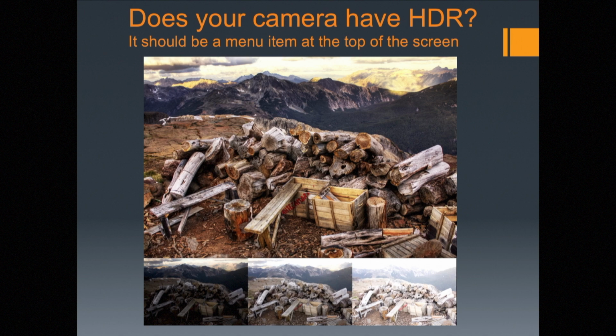Now the camera does this in about, oh gosh, 1/30th of a second, and it marries them all to produce the image that's at the top, which has really good highlight detail, really good shadow detail, and really good detail all across the mid-range of tones. It does all of this electronically really, really fast.